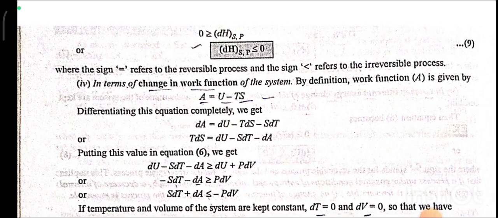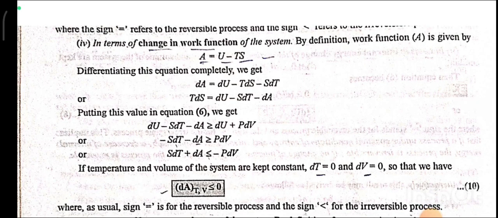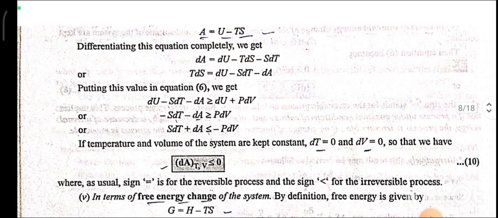In terms of change in work function of the system, by definition, the work function A is given by A is equal to U minus TS. Differentiating this equation completely, we get dA is equal to dU minus TdS minus SdT. TdS is equal to dU minus SdT minus dA.